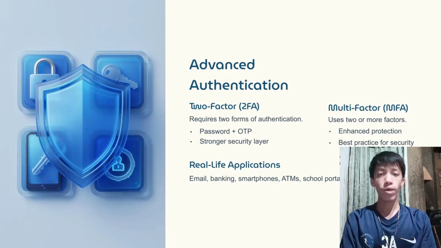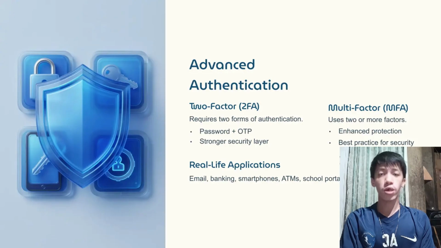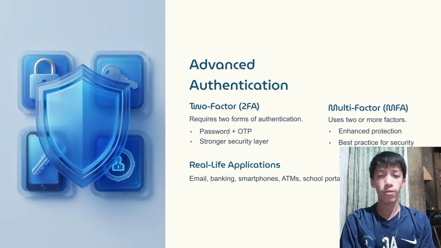If someone steals your password, they can't get in without the second factor. Multi-factor authentication, or MFA, is a step further. It uses two or more factors from different categories, like something you know, a password, something you have, your phone, and something you are, your fingerprint. This is considered a best practice for security, especially for protecting sensitive information.